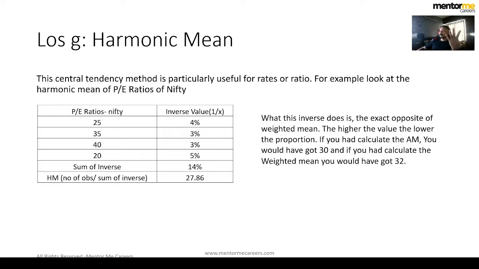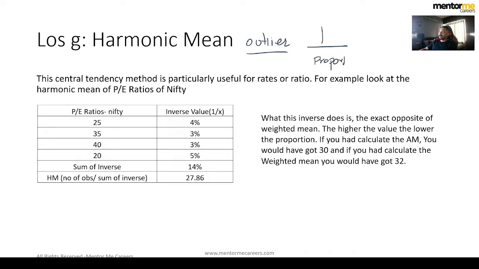Harmonic mean. Okay, remember the problem of outliers with arithmetic mean, in which we said that the outliers have a lot of effect on our mean. So if you know that your data has a lot of significant outliers, then in order to remove the effect of the outlier, what would you do? You would take an inverse of their proportion.